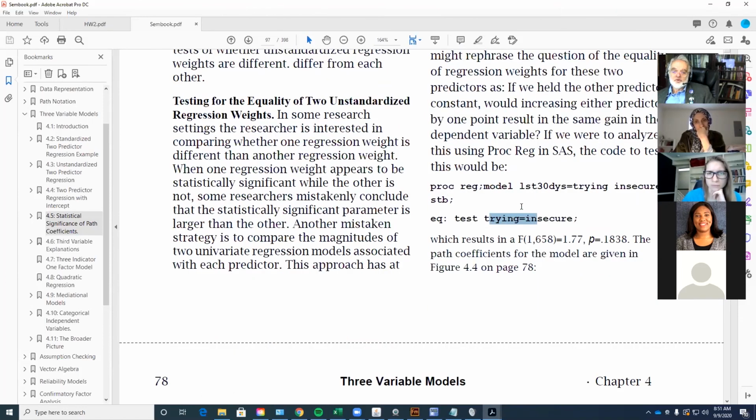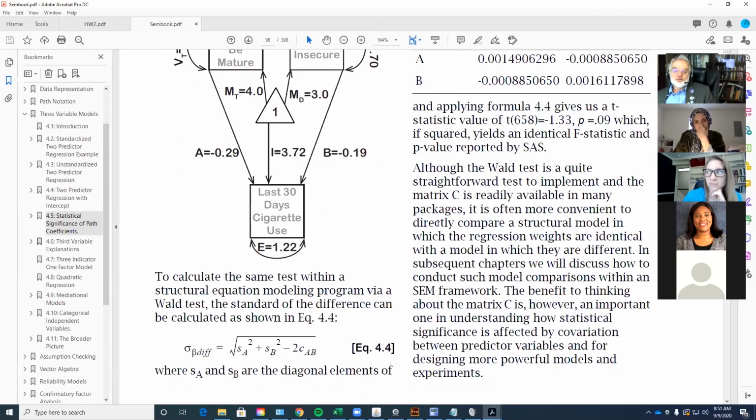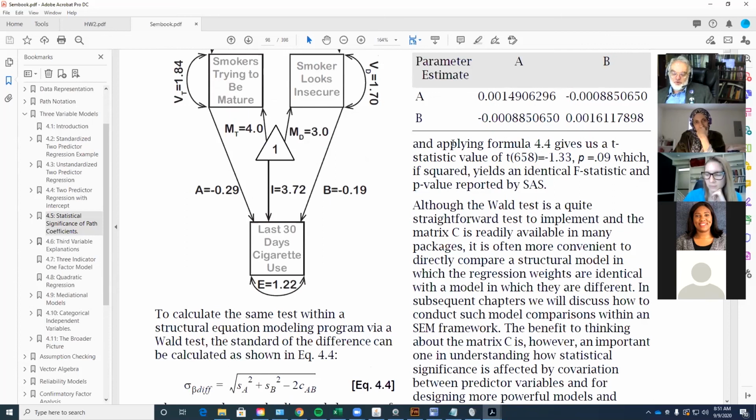This is the code for PROC REG in SAS. I won't walk you through the equations for that, since this is here to reinforce some of what you had in regression before. The big message is if you are testing for the equality of unstandardized regression weights, you're just going to fit a model in which you constrain these paths to be the same and compare that with the fit of a model where those two coefficients are allowed to be different.